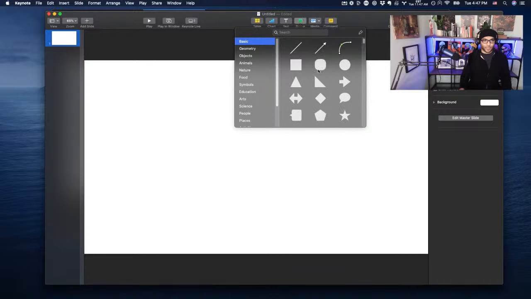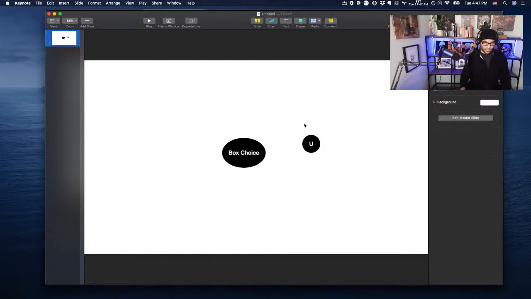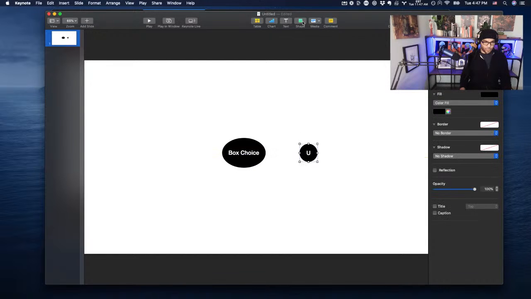So let's just do this. Let's see here. Let's just put out the order of events, right? So what causes what? You've got a box choice, and that's going to lead to some utility. Right, and let's just draw that as a DAG.